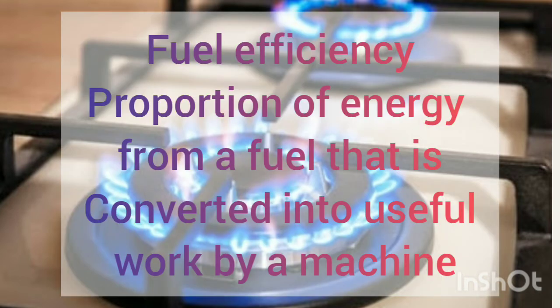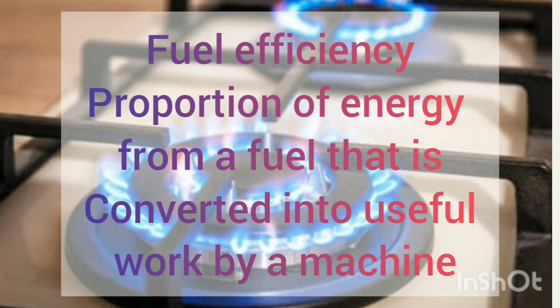The proportion of energy from a fuel that is converted into useful work by a machine is called the fuel efficiency of a machine. Still today there is no fuel which has 100% efficiency.